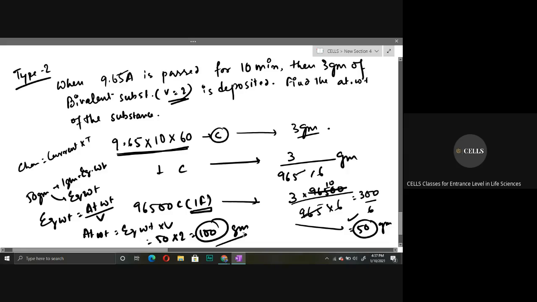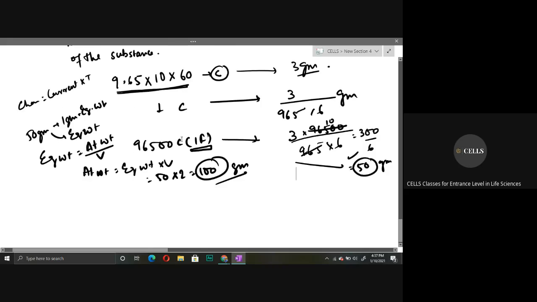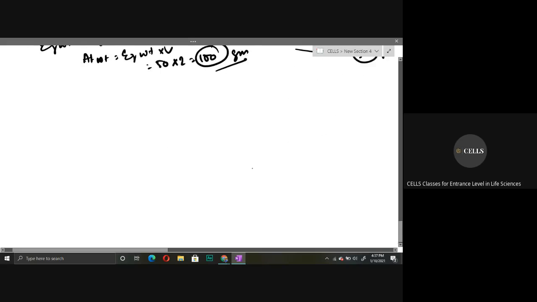And the third type of question they can ask from electrolysis. Suppose they give you a question like: permanganate solution in acidic medium is reduced to MnCl2 by electrolysis. How many Faraday of electricity is required? Questions from electrolysis are very rare.